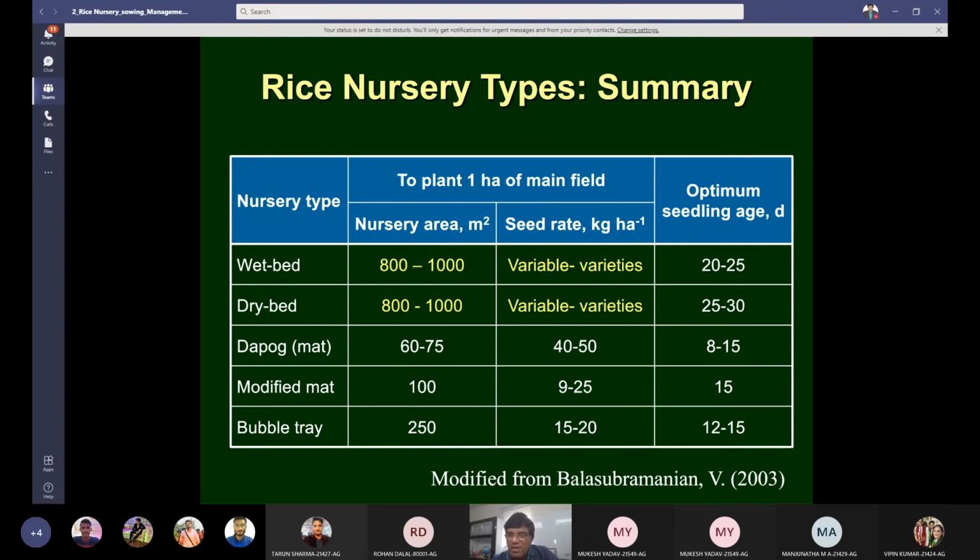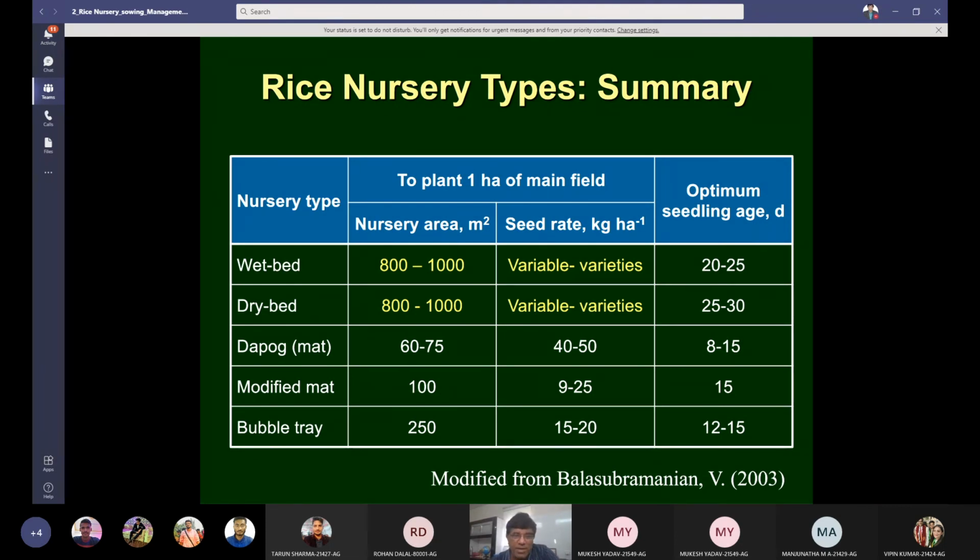This is a very general summary. It may vary with the farmer and with the conditions. It is not hard and fast that the distinction in these five methods will be the same everywhere. It is not fixed, but these are average information.